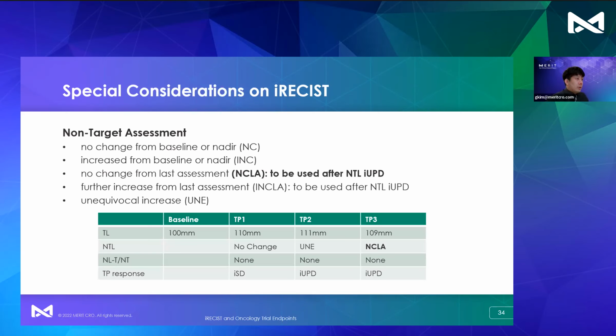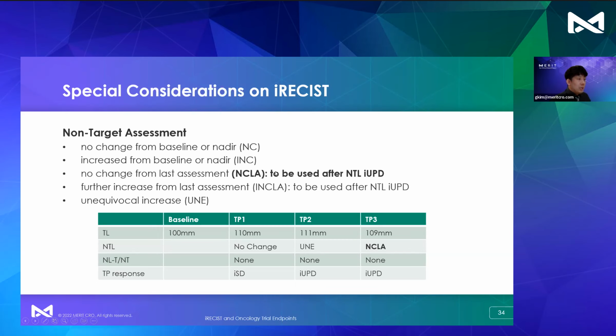Also, for another consideration in non-target lesion assessment, there could be a little bit more delineation than just simply absent, present, and progression. The iRECIST recommends that 2 additional types of qualitative assessment can be recorded in an eCRF: no change from the baseline or increase from the baseline or the nadir, and the additional one is no change from the last assessment or further increase from the last assessment.